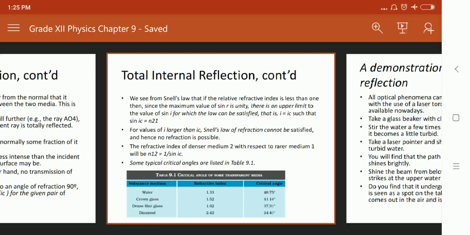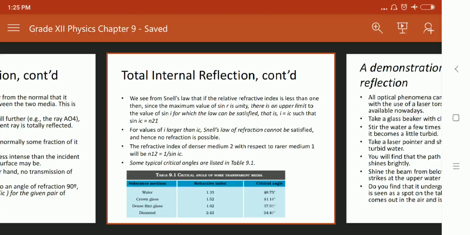And we know sine theta has a maximum value 1. So sin r equal to 1 is the maximum value for which the law can be satisfied, and i equals iC. So here, sin iC equals n21.